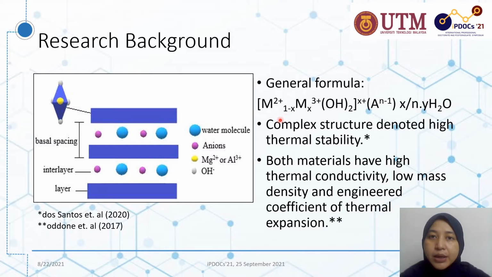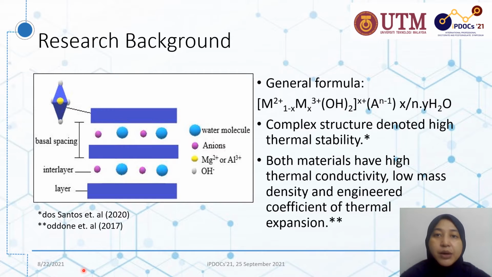Divalent can be calcium, zinc and magnesium, while trivalent can be aluminium, ferrum, copper, and the anion can be carbonate, nitrate, sulfate. This complex structure of the layered double hydroxide has high thermal stability.